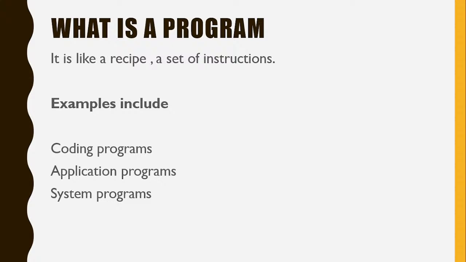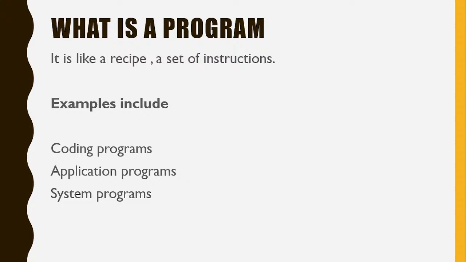And the second type of programs is application programs. What are application programs? An application program is a program that is designed to perform a specific purpose. Just like Microsoft Excel is a spreadsheet software, so it is used to create only spreadsheets, and Microsoft Word is a word processing software. It is used to create documents only.